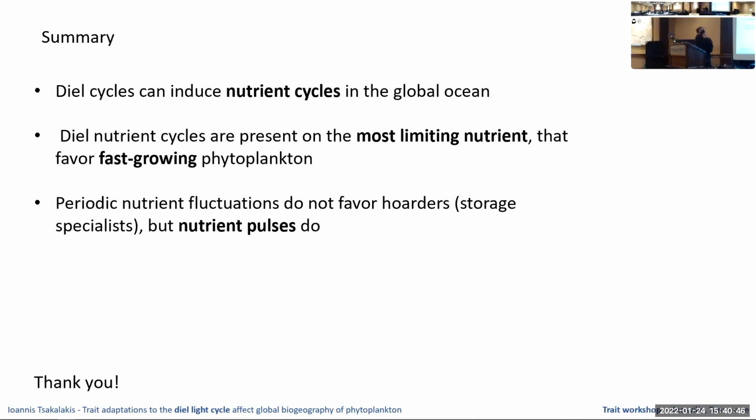Now, how would it affect the predators? The predators usually have slower growth rates, so I wouldn't think that I will see fluctuations in zooplankton, for example, because of the fluctuations in phytoplankton. Maybe, but weaker effects on zooplankton.